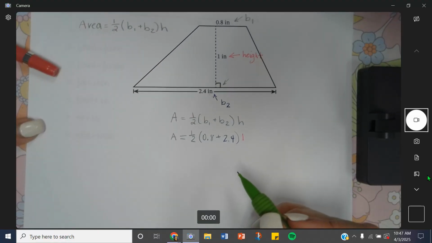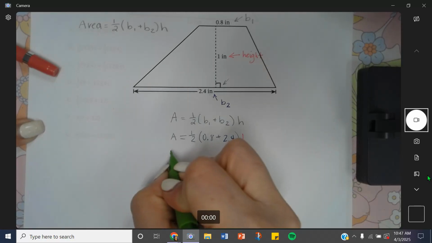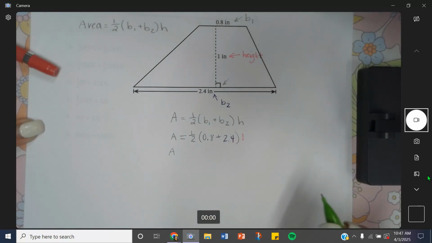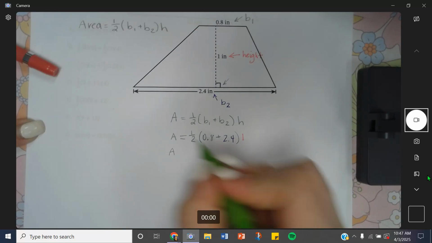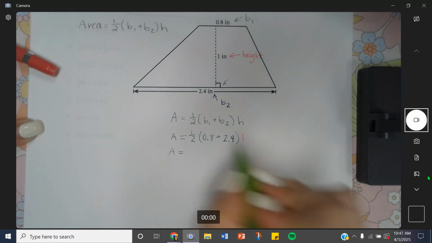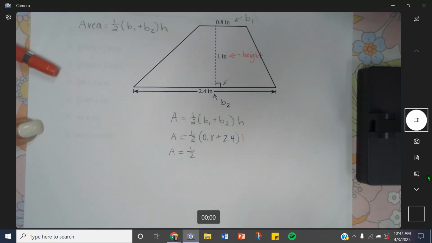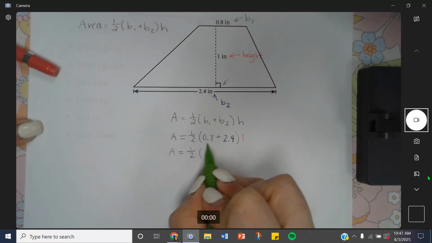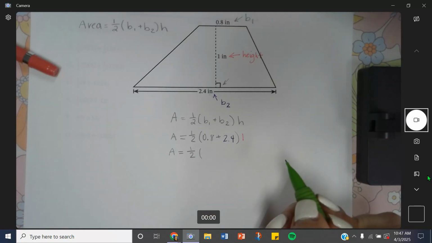So from here, let's go ahead and solve our formula. We have not figured out our area yet, so I'll rewrite the A, bring down my equal sign. I have not used my 1/2 yet, so I'll bring that down. Then we're going to add what is inside of the parentheses.